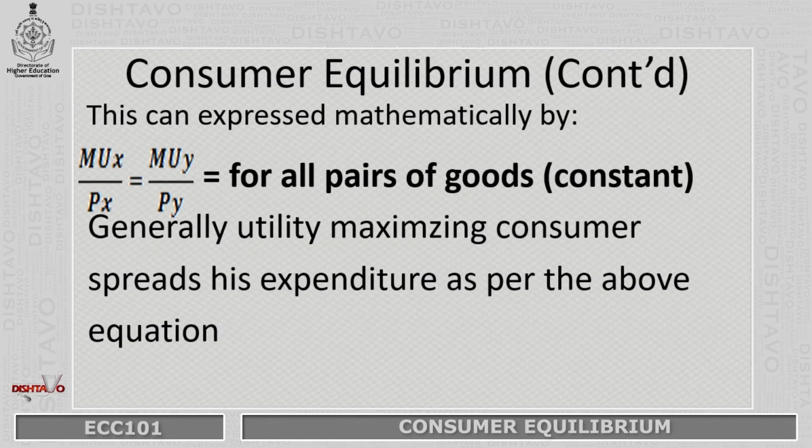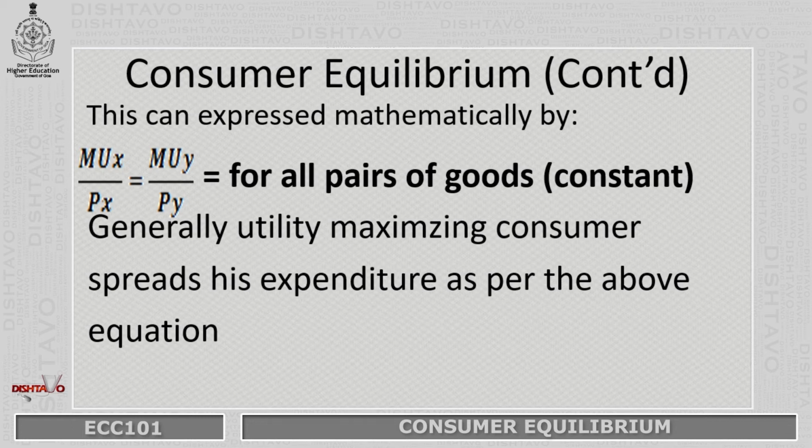This can be expressed mathematically by MUx/Px = MUy/Py for all pairs of goods; that is constant. Here I have mentioned the equation for two goods, x and y. Suppose I have 10 goods, 1 to 10, then MU1/P1 = MU2/P2 = ... = MU10/P10.